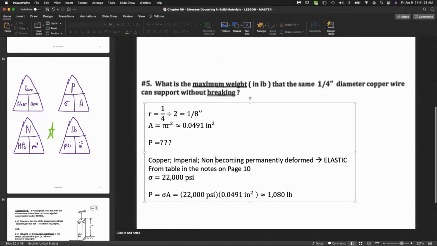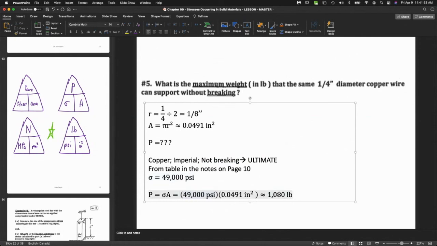So not breaking. Not breaking, sorry. So this will become ultimate. That one was the one that you mentioned earlier, which is 49,000 from the table.